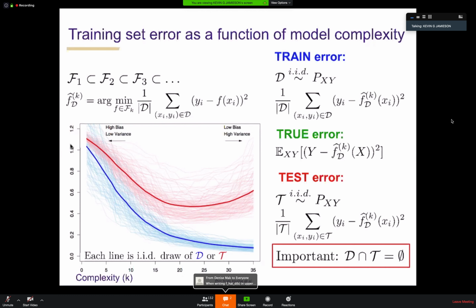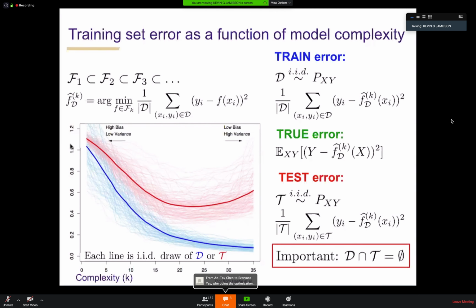And what we see is, again, in expectation, these lines are not monotonic because real data doesn't behave how we would like it to. But in expectation, how we'd expect these things to behave is the training error will monotonically decrease, and the test error will start high, go low, and then get high again.